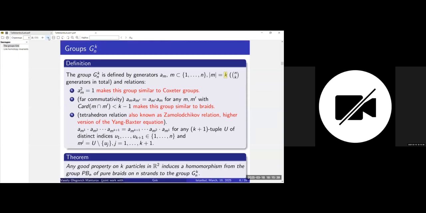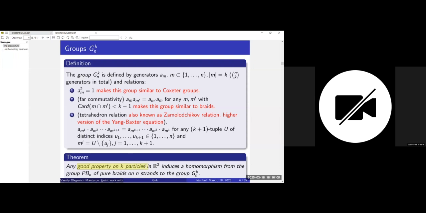And actually, the main theorem to support this main principle is that any good property on k particles in R^2 induces a homomorphism from the pure braid group on n strands to the group G_n^k.